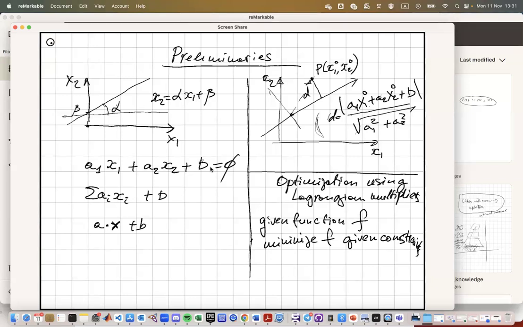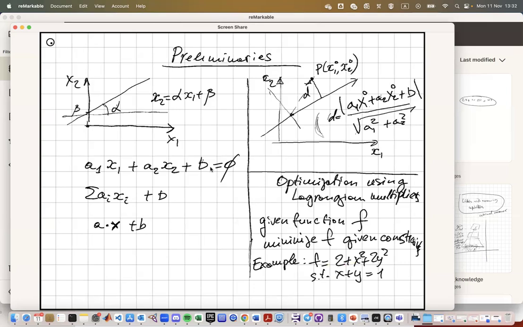So, for example, what can be a function to minimize? That could be, for example, f equals 2 plus x squared plus 2y squared, such that x plus y equals 1.